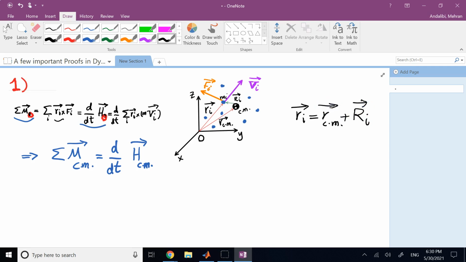And now I'm going to replace that. If I call this equation number 1 and this equation number 2, I'm going to plug 2 into 1 and see what happens.